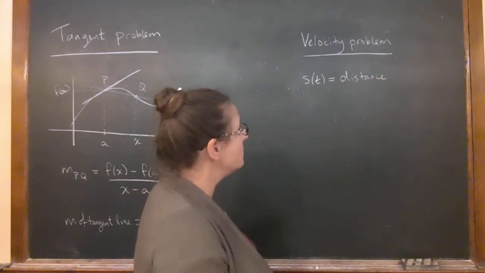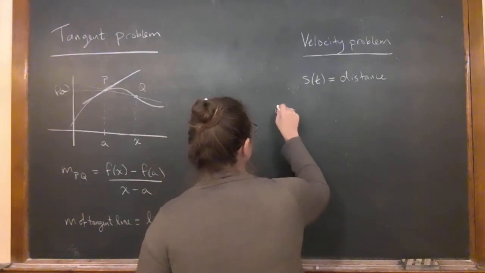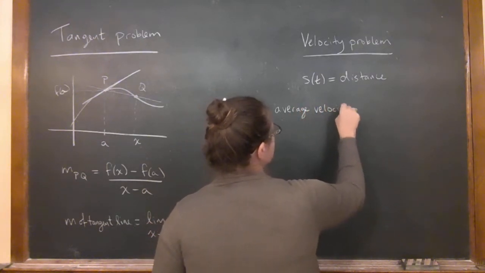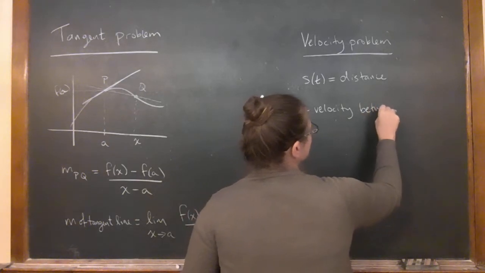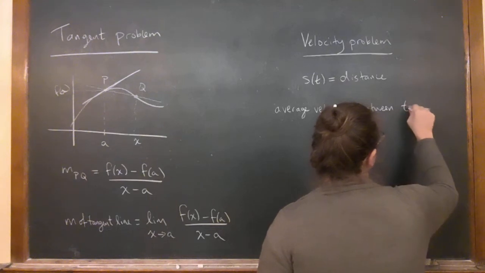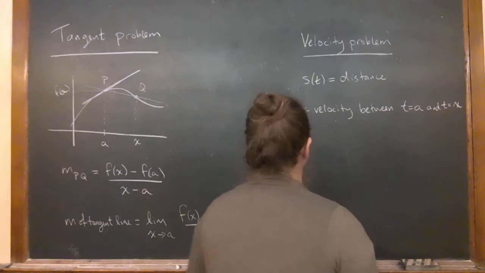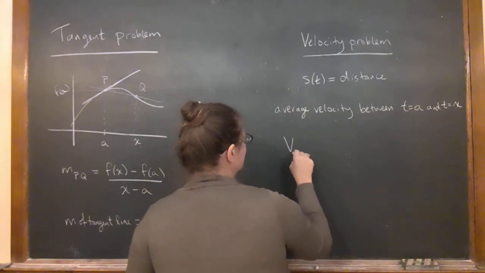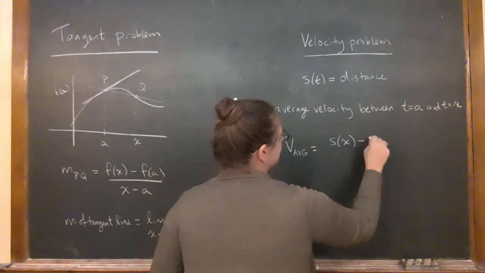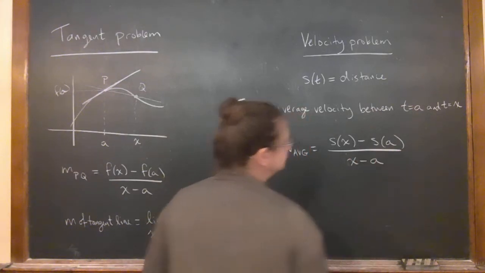And then if I wanted the average velocity, and I'm going to use the x and the a, so between t equals a and t equals x, we can do average velocity. So the difference between the distances over the difference in time, right?